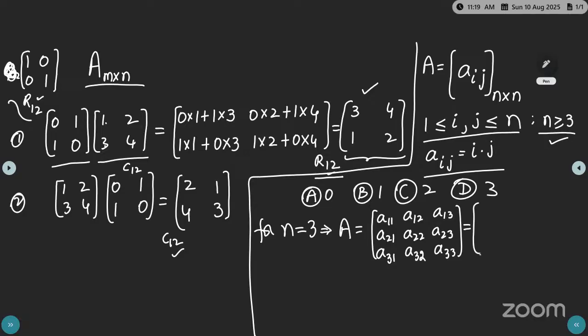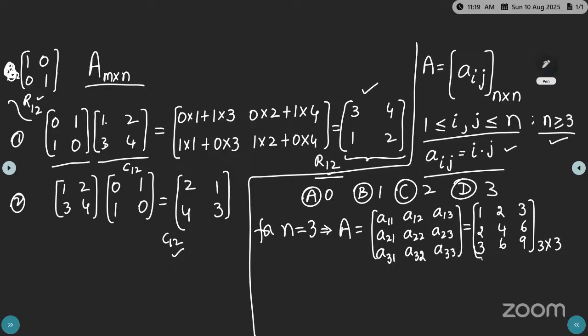What is Aij? Aij equals i into j. So a11 equals 1 into 1, which is 1; then 1 into 2, 1 into 3; then 2 into 1, and so on. This is the minimum case, 3 by 3.